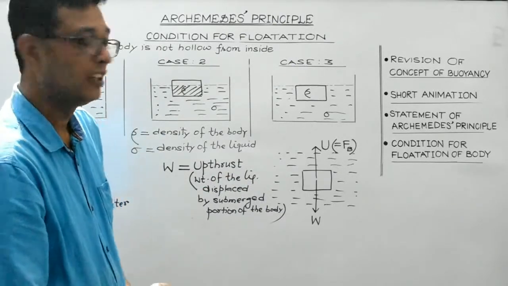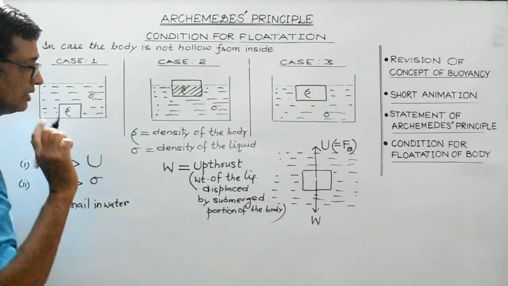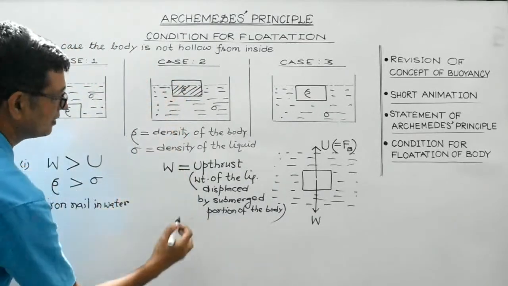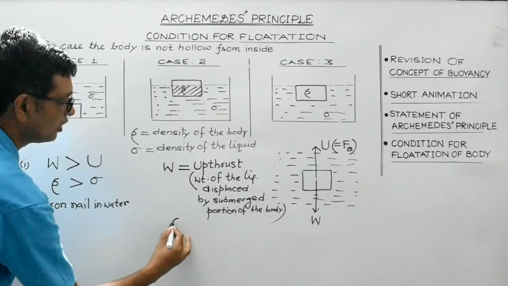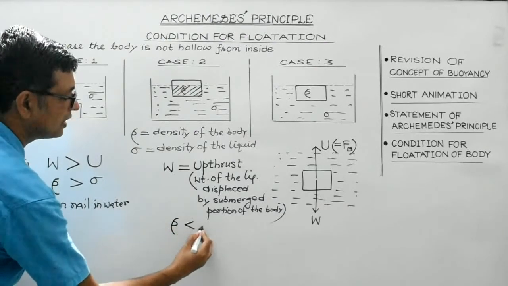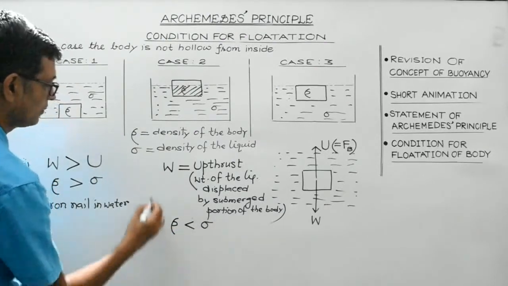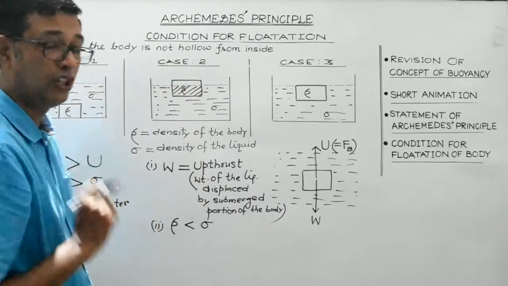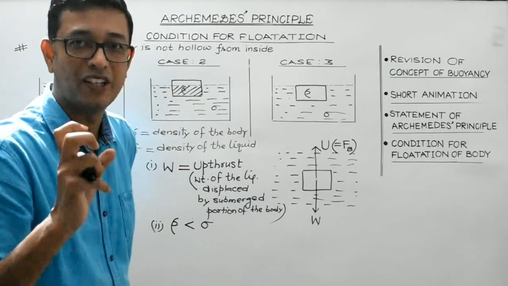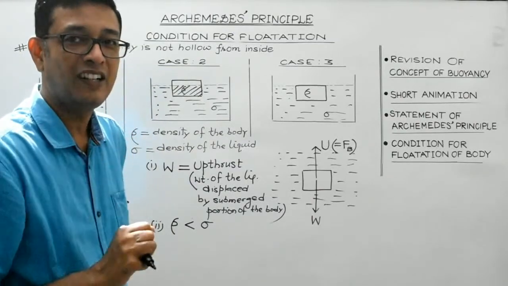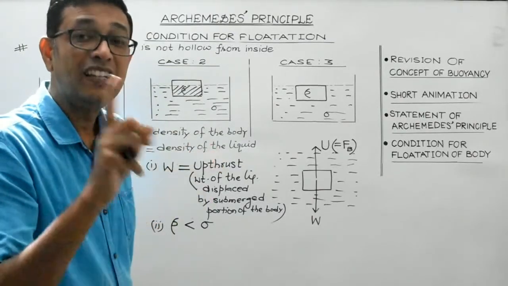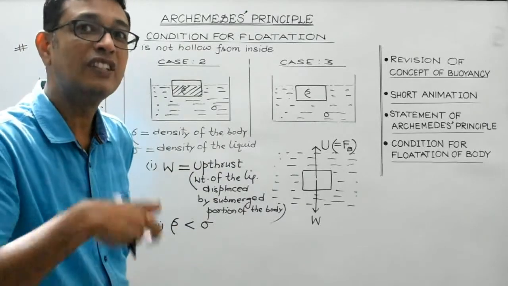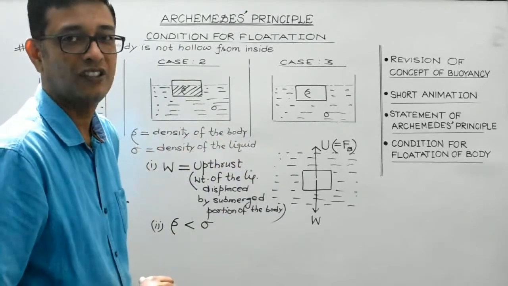Clear students? So in this case, basically the density of the material of the body must be less than the density of the liquid. A solid body can float only when the density of the body is less than the density of the liquid on which it floats.